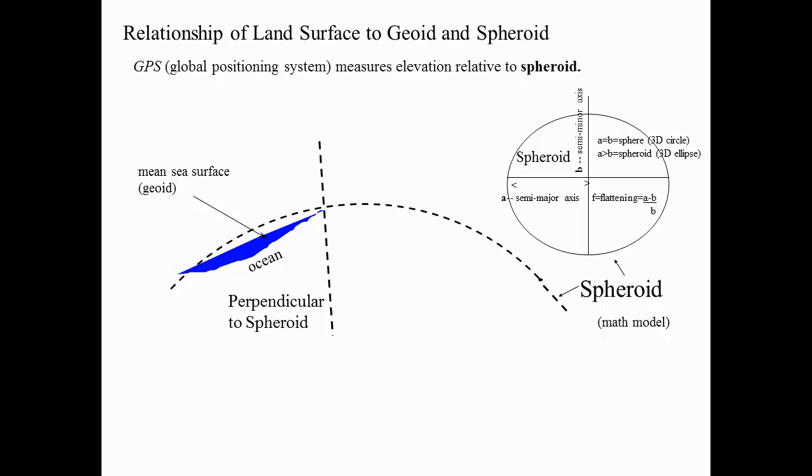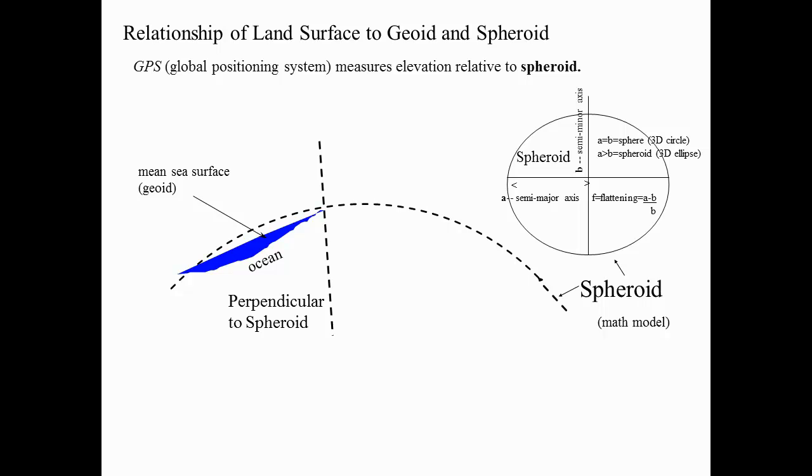So here on the right we have a mathematical model of a spheroid. And this is an exaggerated spheroid, but recall that Earth's rotation creates that equatorial bulge. That's what this spheroid to the right is representing, the shape of the Earth based solely on its rotation.